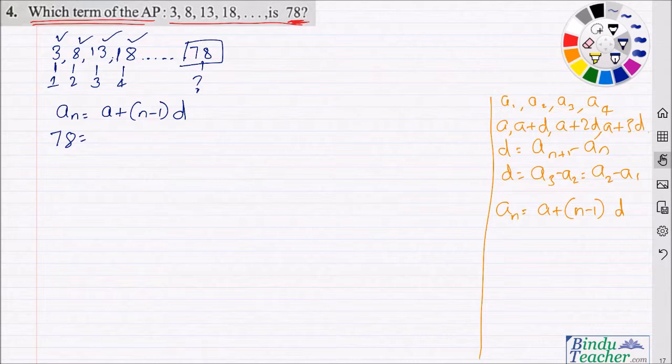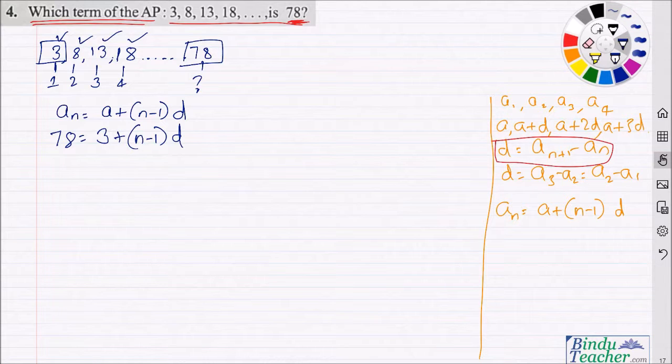The value of A is given as 3. So we can write 3 plus the value of n is unknown. That is what we have to find out. We don't know the value of n, so we'll write it as n only. And then we have to find the value of D. D is unknown, but we can find it with the help of this formula here.